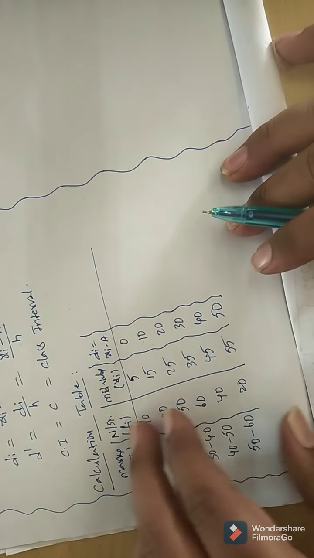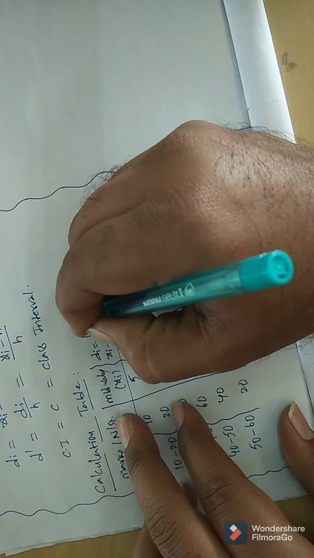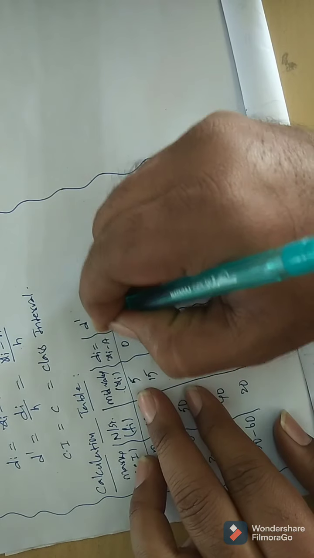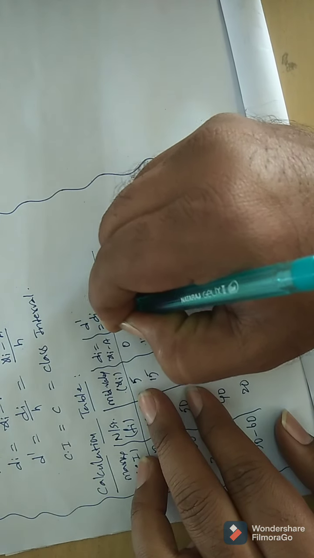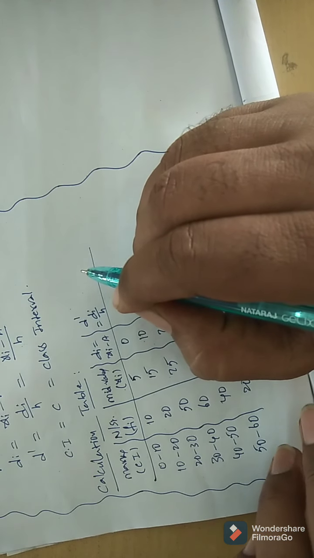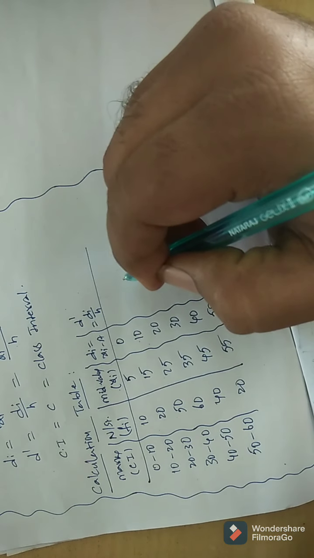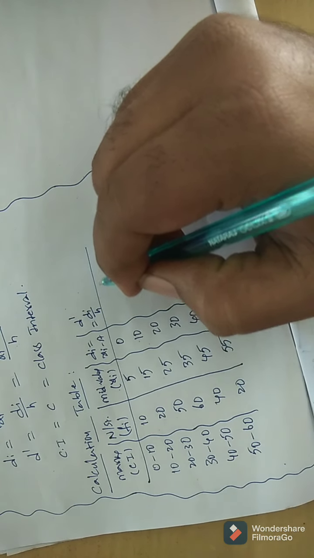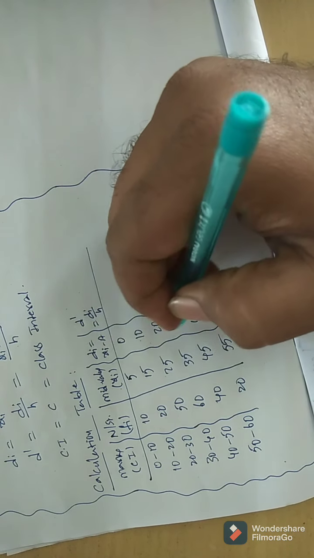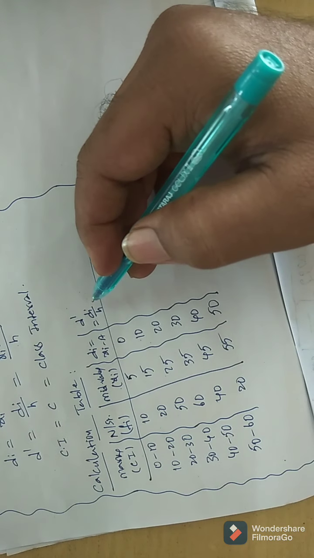Now you go for calculation of d dash. How to get d dash? D dash is nothing but di by h. Now what is h? Again this is also a constant. You assume the h value by looking at the di values, because d dash is related to di.